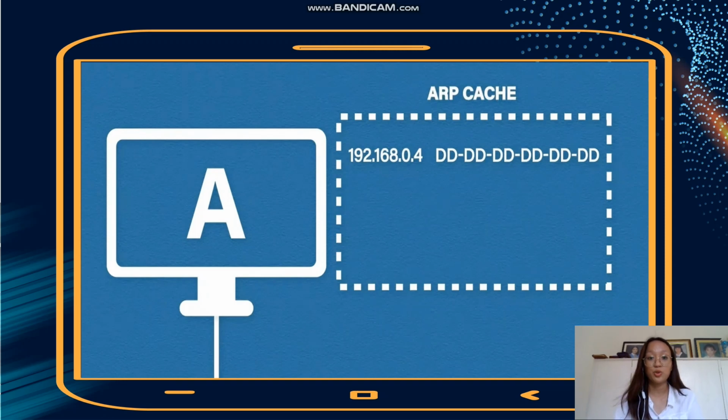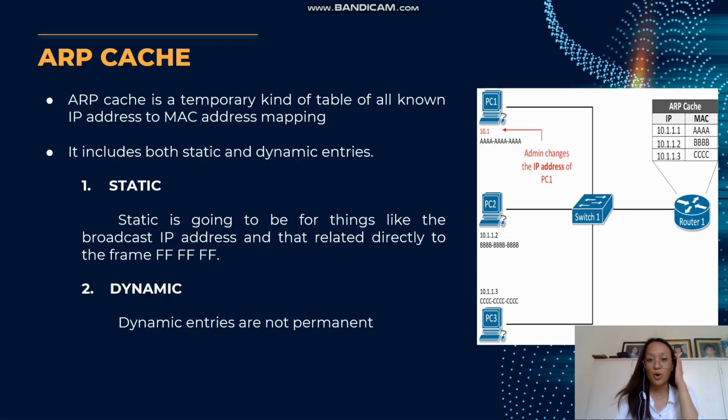Now, let's talk about what exactly this ARP cache we've been talking about is. Well, the ARP cache is a temporary table of all known IP address to MAC address mappings. So anytime we do an ARP request and we get a response with a MAC address, the computer puts that in the ARP cache.